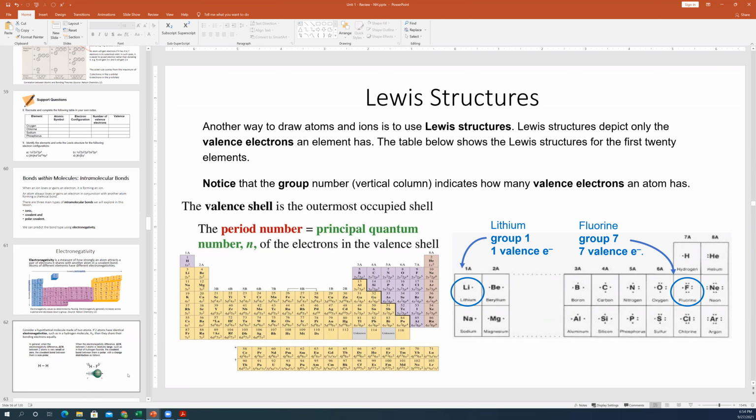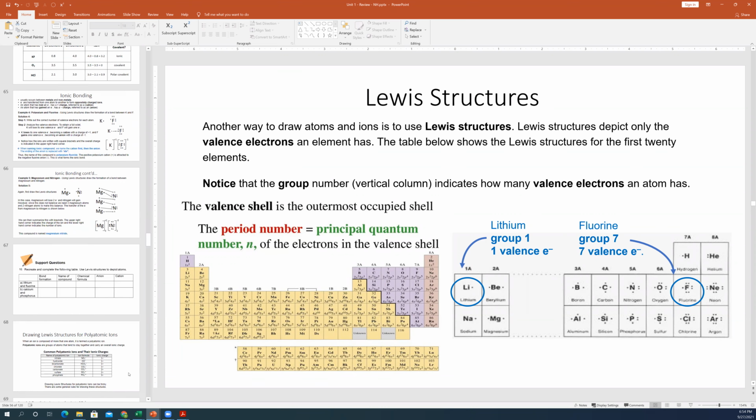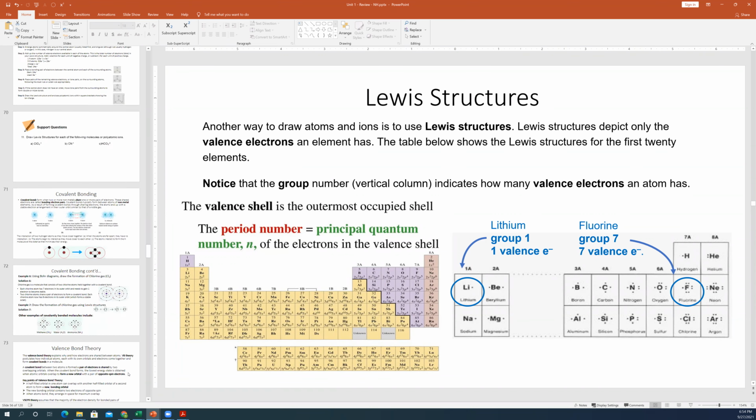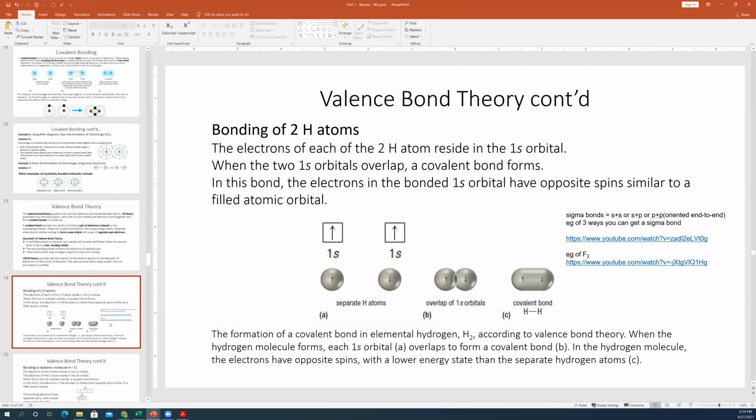And so we started to talk about bonding, and we were at this stage. Now we're back to valence bond theory and the idea of 2 hydrogen atoms each having 1 electron in the 1s orbital.